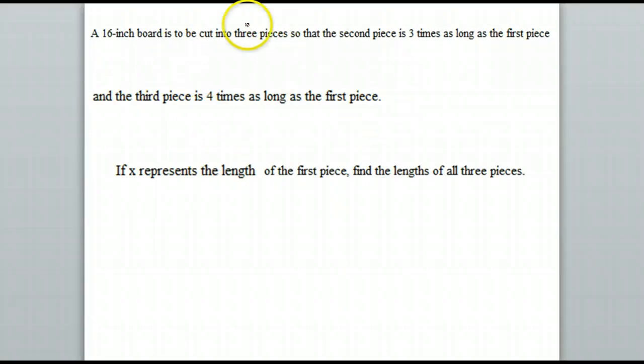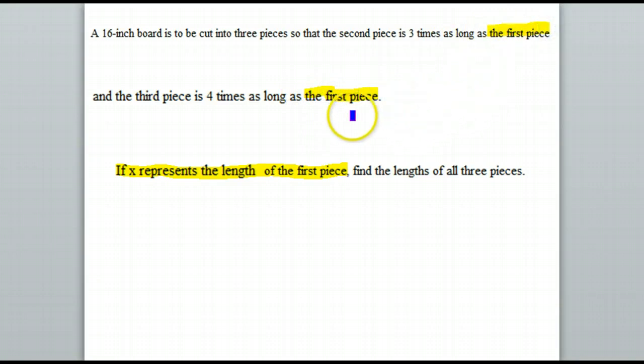Alright, this particular problem in your work is going to be all together in a paragraph. I've got it separated to show you how to translate it. Now when you're looking at problems like this, sometimes they'll tell you what your variable is going to be. X is the length of the first piece, and so everywhere I see the first piece, that's where the X is going to go.